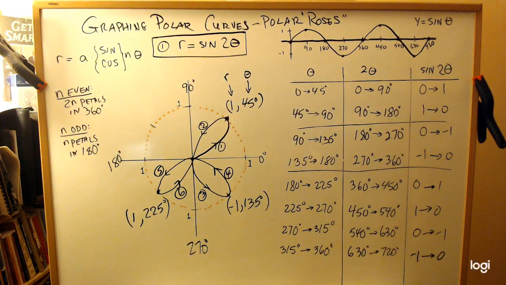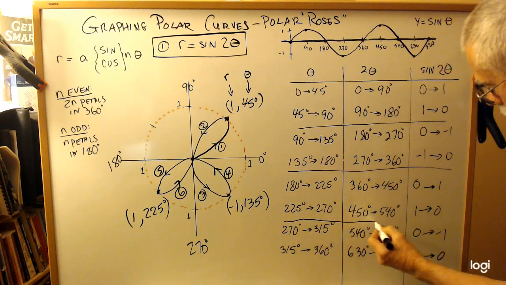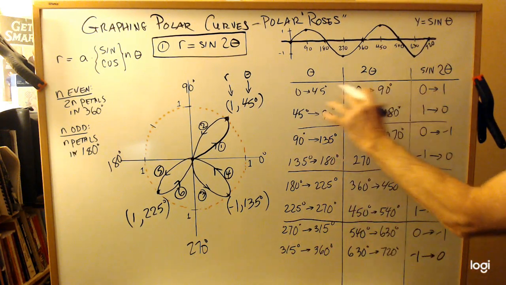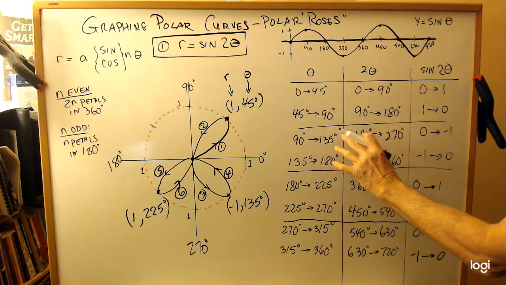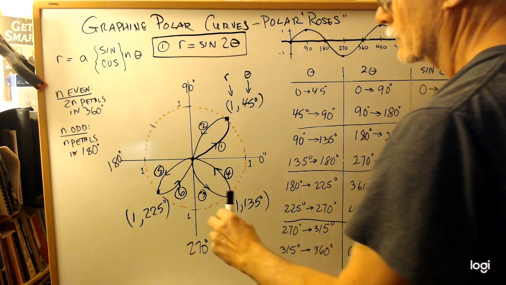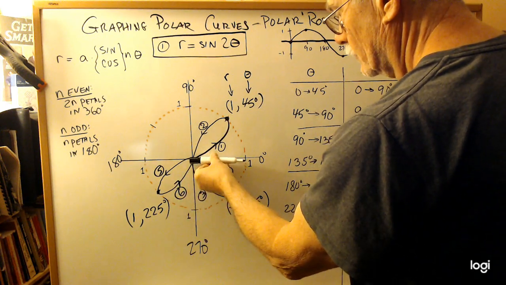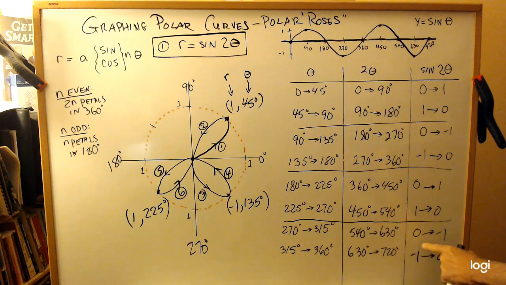Okay, so almost done. What I'm doing is I'm marking off here. This is the first leaf, the second leaf or petal, the third petal, and now we're starting the fourth petal. And now as theta goes from 270 to 360, you're going to notice we're going through negative values.